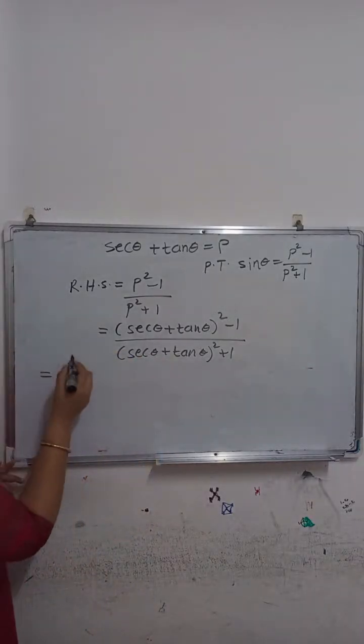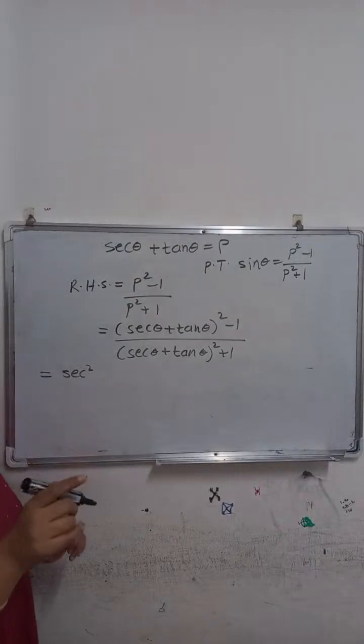Okay. Now here we can expand by the (a plus b) identity.